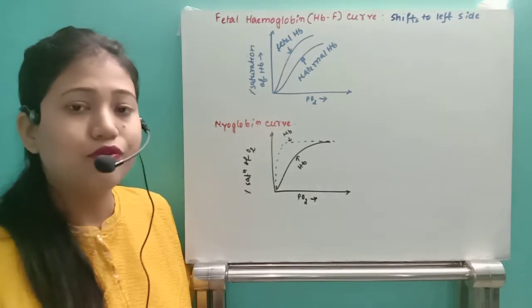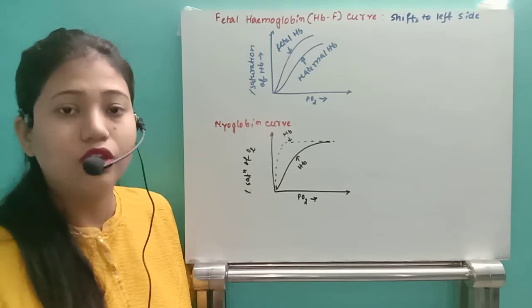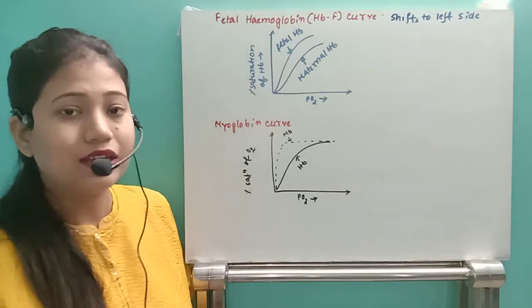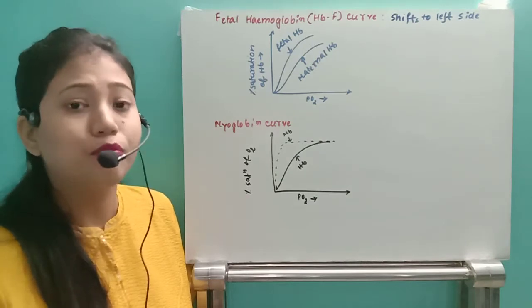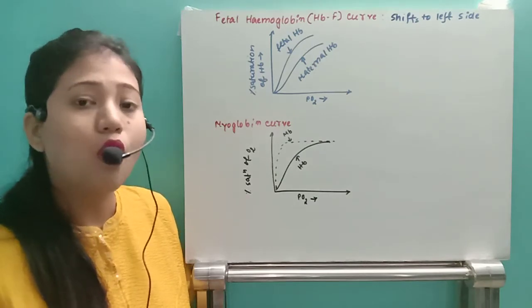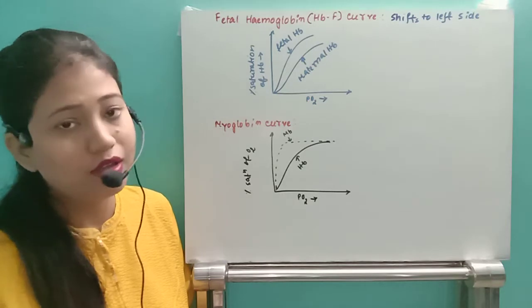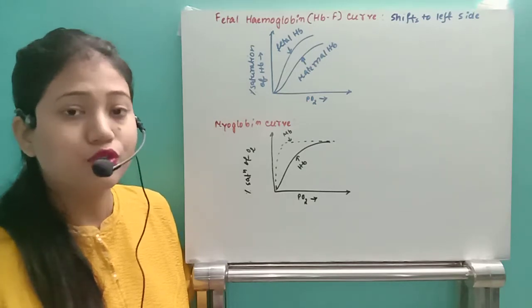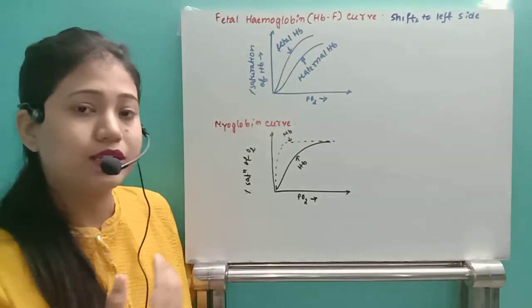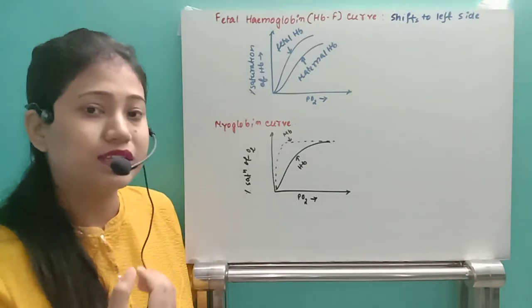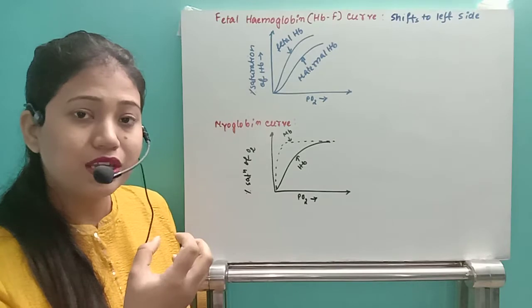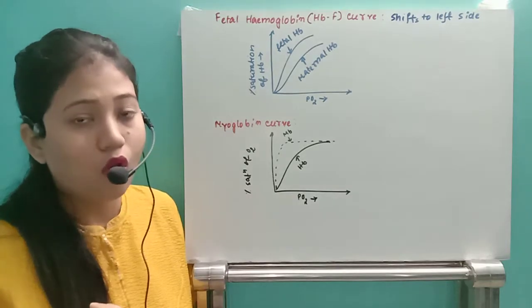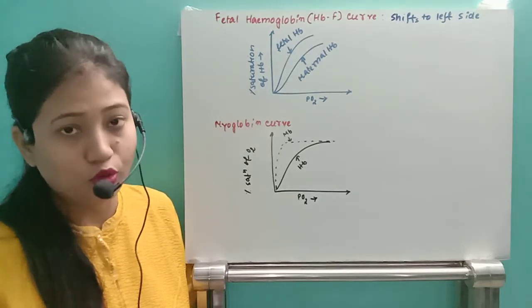If we compare the hemoglobin molecule of the fetus and the mother, we will see that the fetal hemoglobin has more affinity towards oxygen as compared to the maternal hemoglobin. That's why, whenever the maternal hemoglobin is carrying oxygen, in the region of the placenta the fetal hemoglobin can take the oxygen from the maternal hemoglobin.